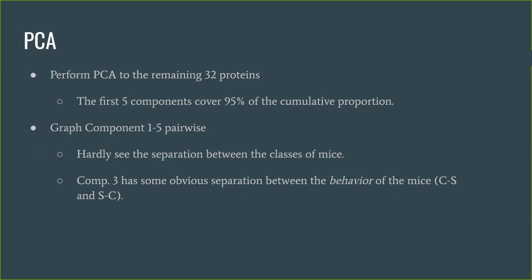Okay, and then we'll continue to do the PCA, which is the principal component analysis, on the remaining 32 proteins. When we do the PCA, we see the first 5 components cover around 95% of the cumulative proportion out of the total.